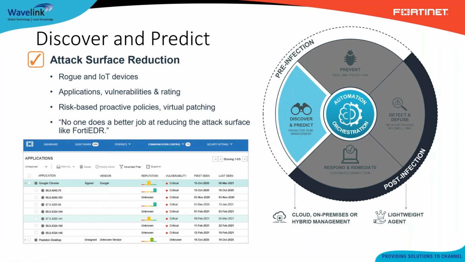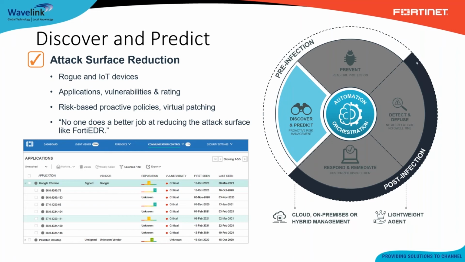And this we call our virtual patching capabilities, because what we can do is have FortiEDR report back the operating applications that are installed on that workstation or on that server, and also enrich those versions of applications with a risk score based around, does that application have any critical vulnerabilities and things like that?